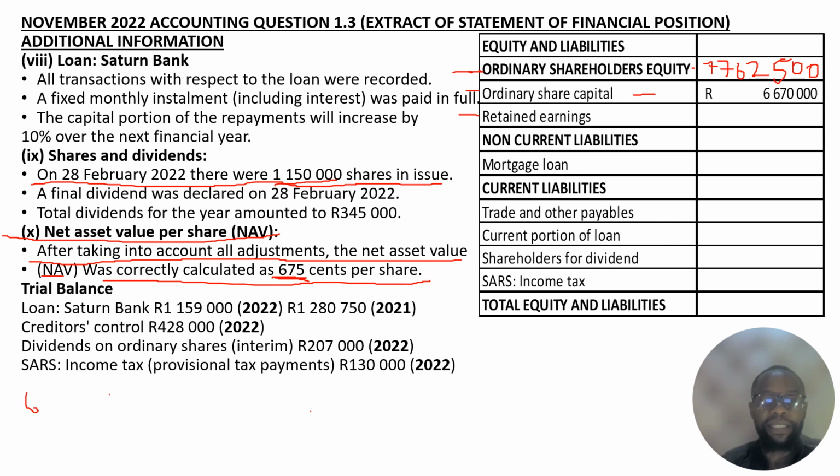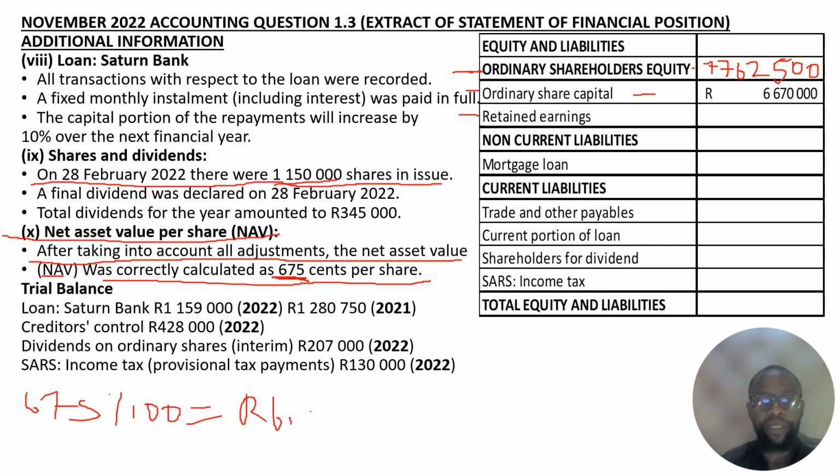So 675 divided by 100. 100 cents in 1 rand. And then 675 divided by 100. It's almost 6 rand 80.